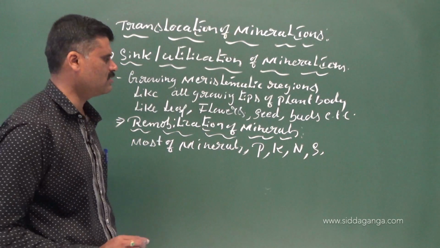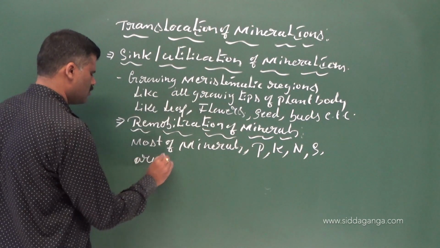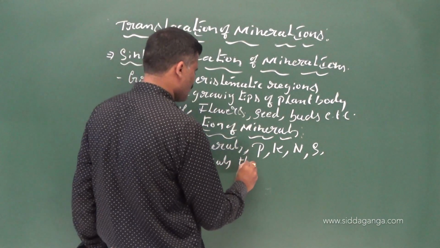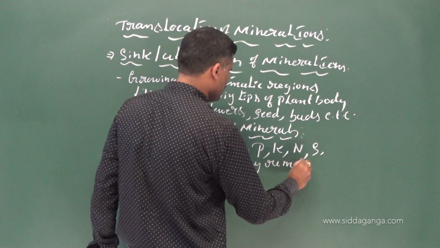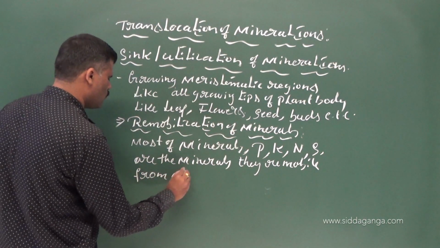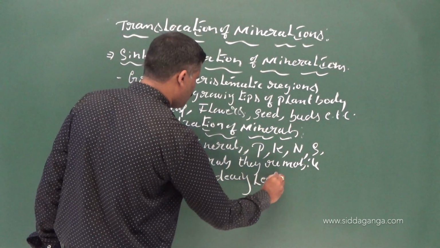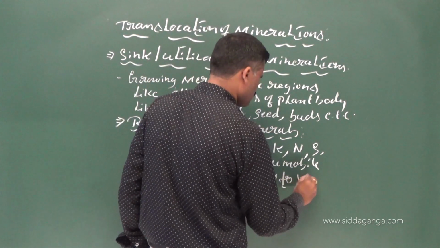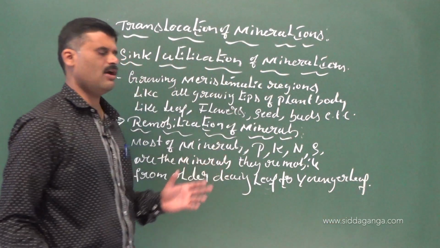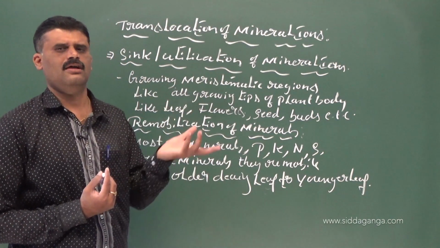Phosphorus, potash, nitrogen, sulfur, these are the minerals that remobilize from older, dying leaf to younger leaf.